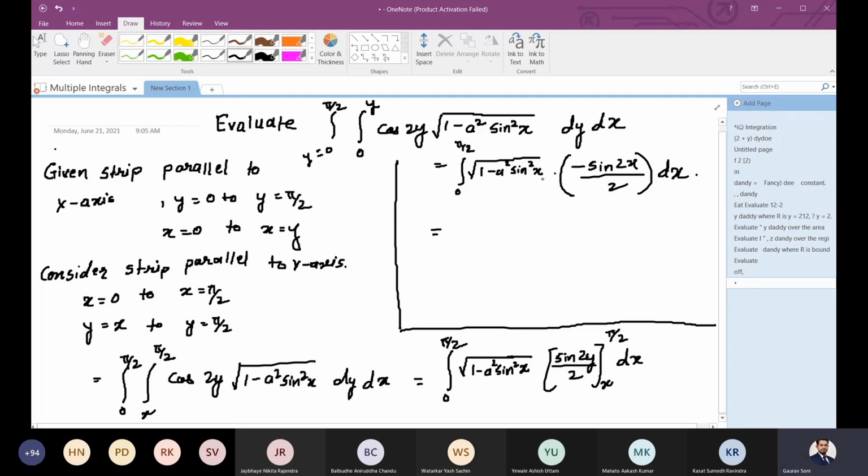So 1 minus a square sin square x, if we put that as t, minus a square sin square x is equal to t, then the derivative is going to be minus 2 a square sin x into cos x dx equal to dt. So the derivative we can adjust there and substitute that, under root t.